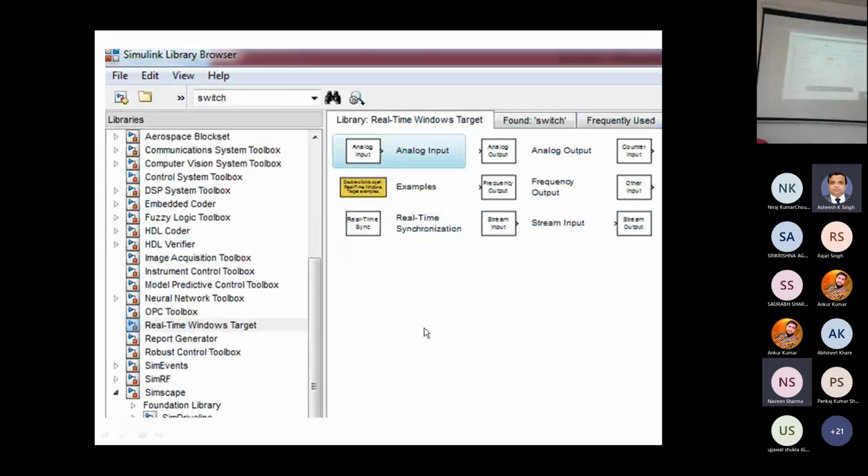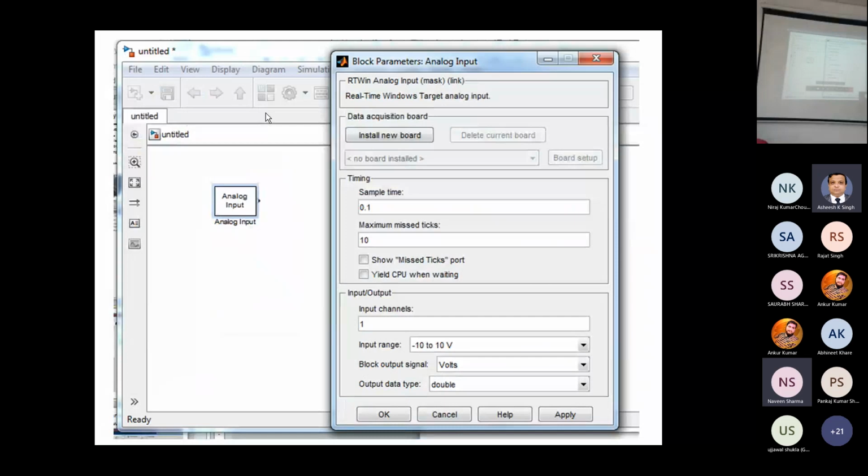Suppose we want to use other real-time controllers like PCI and dSPACE. So we have the real-time Windows target, and these types of blocks are available when we have got the package for that controller. So these blocks will be used for Simulink, and then we use install new board.